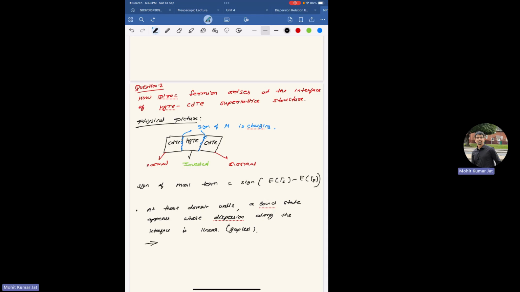And this gives a massless Dirac fermion. In 2D, this gives helical edge states. I will explain what helical edge states mean.